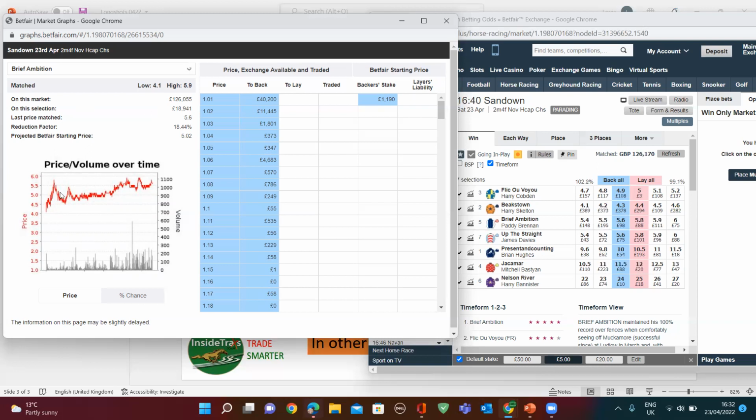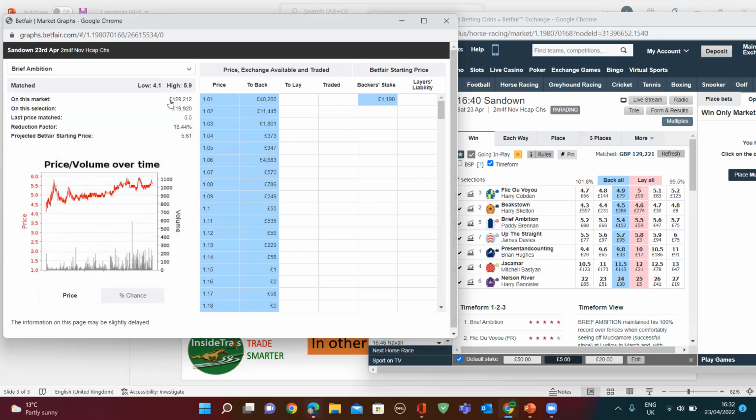And it's drifting fairly consistently. So again, Brief Ambition could be one because it's not particularly liked by the market. If it keeps drifting, it should go off at about 6. We can look out for that one and see whether we can get better odds than 6 and start to scalp it.